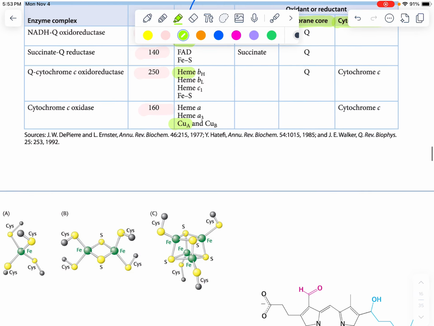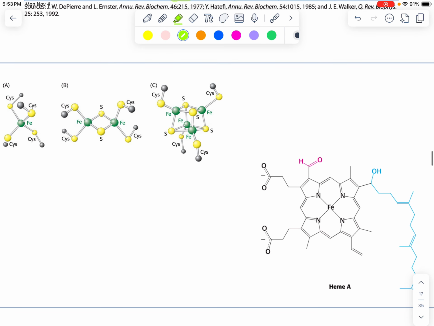If we look at some pictures of these, you can see these iron. So the iron depends on the individual enzyme, but this one's coordinated with 4 cysteines, so the sulfurs from 4 cysteines is holding that iron in place. Here you can see the irons are held close together by various sulfurs, which makes it easier for electrons to be passed down a chain.